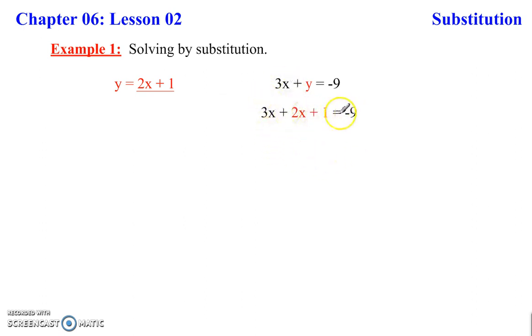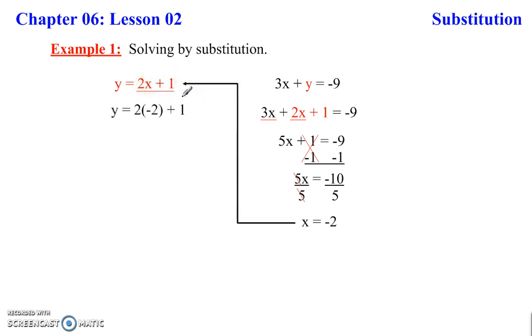Now there's only one variable, and we can solve an equation with one variable. Combine like terms. 5x plus 1, subtract the 1 from each side, and we get 5x is equal to negative 10. Divide by 5, and we get x is negative 2. Now that I've found x, I can take that value and plug that back in for x in the original equation.